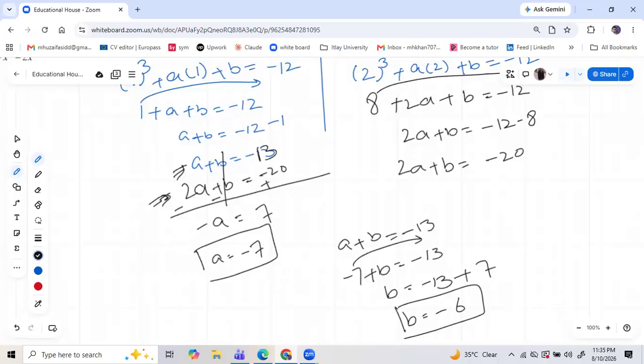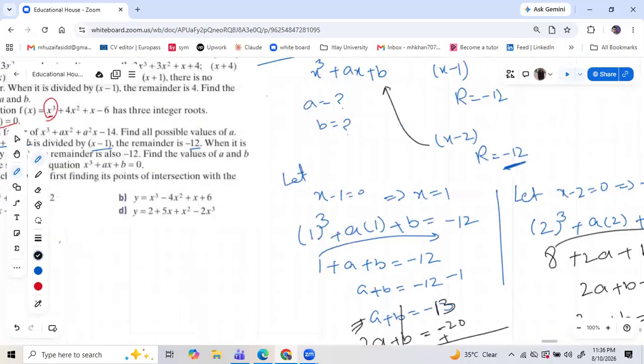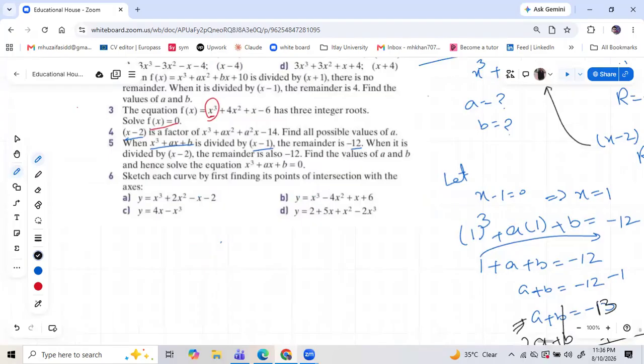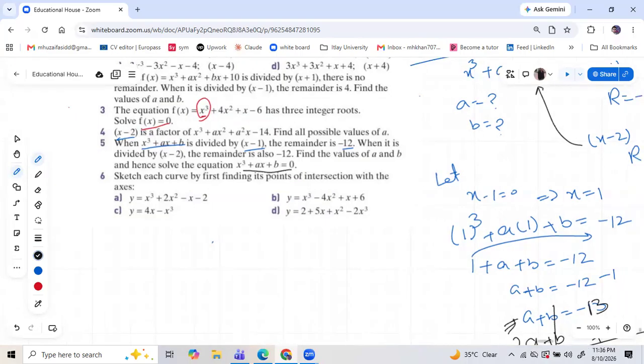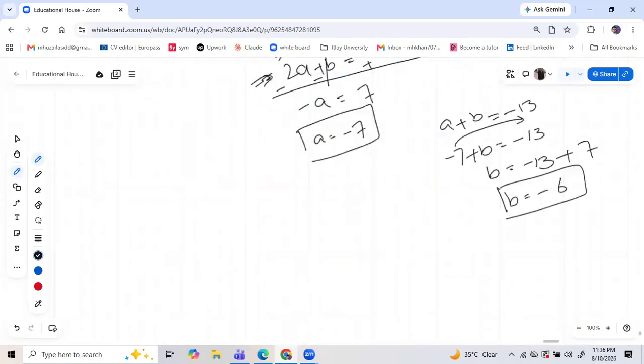Okay. Now moving to the other target of this problem. So check it here and hence solve this equation. When we find the values of a and b, we can put them in our equation. So our equation is what?